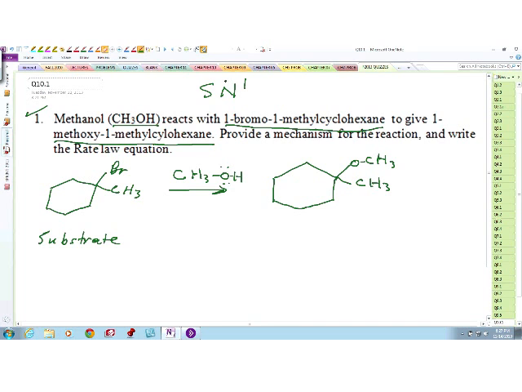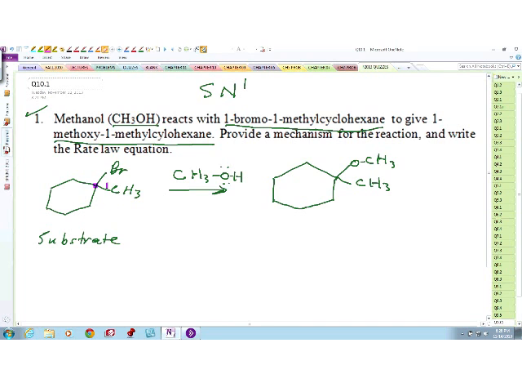SN1 reaction takes place with a tertiary substrate in which the leaving group is attached to a tertiary carbon. In this case, this bromine here is the leaving group, and this carbon here is a tertiary carbon. So we say this is an SN1 reaction.